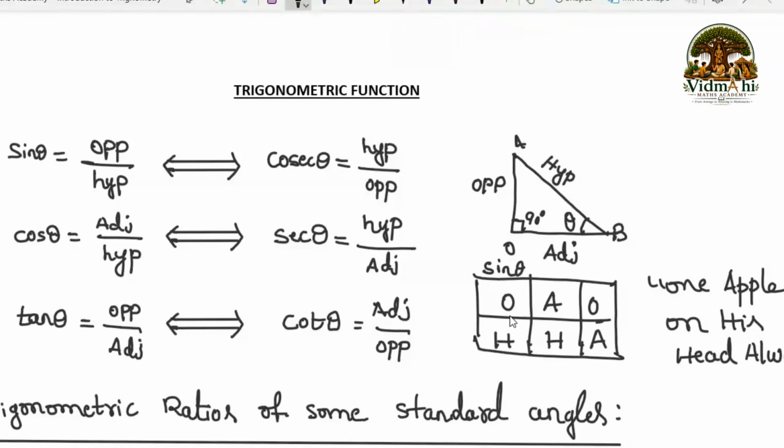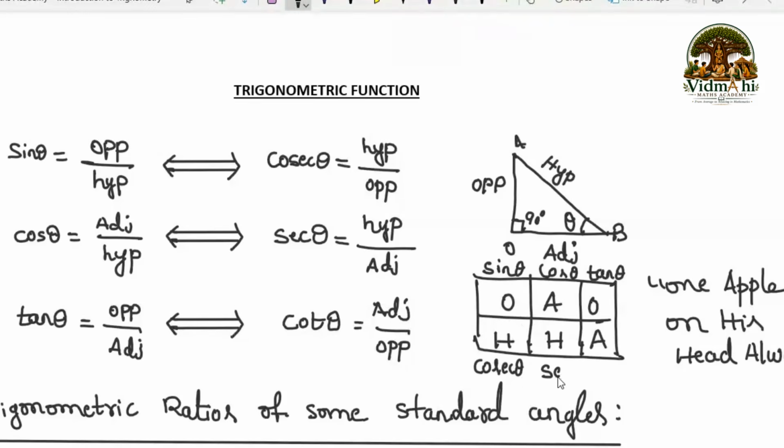So students, consider here sin theta. Sin theta means what? Opposite by hypotenuse. Here O represents opposite, H represents hypotenuse, A represents adjacent. So sin theta is opposite by hypotenuse, cos theta is adjacent by hypotenuse, tan theta is opposite by adjacent, and cosec theta is the reciprocal of sin theta, so hypotenuse by opposite.